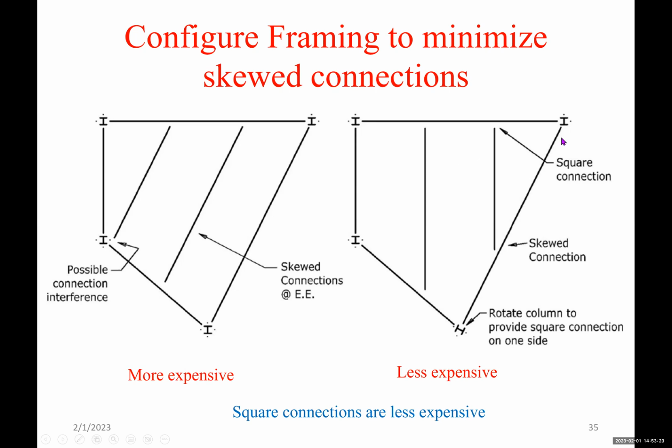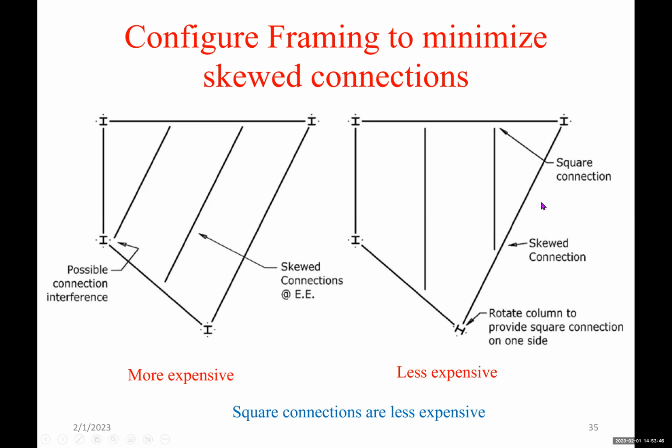So we have square connections with the columns at the top and here at the bottom. And then for these two interior beams with the top, we will have two square connections instead of skewed. And then here we'll have skewed, that's fine.